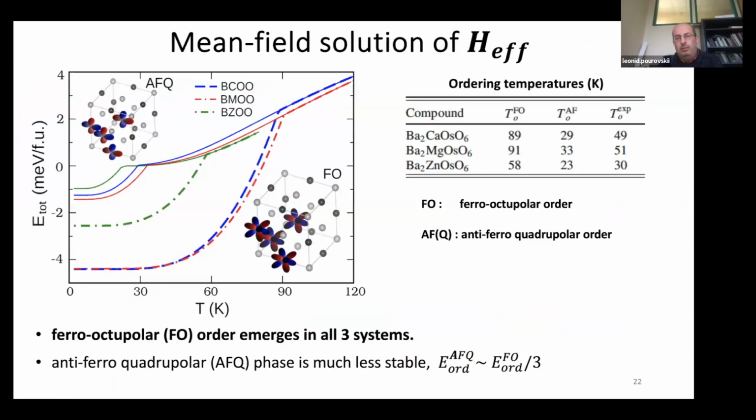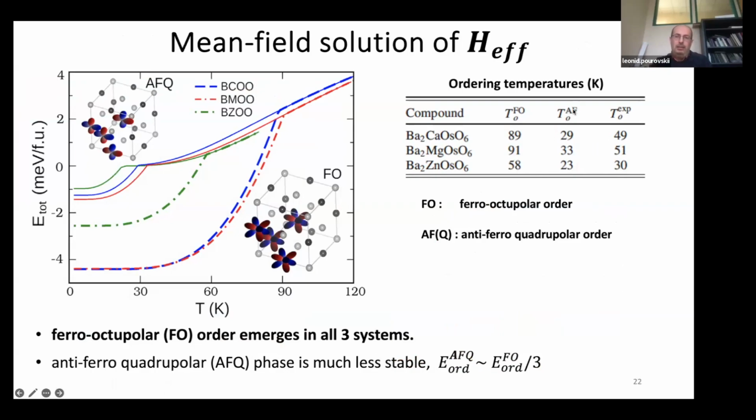So again, one can solve this model in mean field. It's very difficult to do anything better than mean field. What one finds is, if one looks at the transition temperatures found in mean field, for the three compounds they are roughly twice larger than the experimental ones, but they follow the same trend.